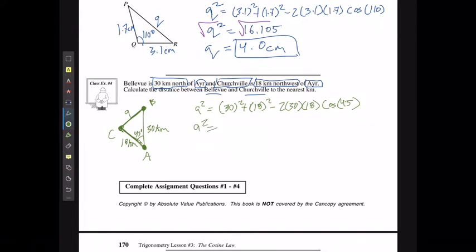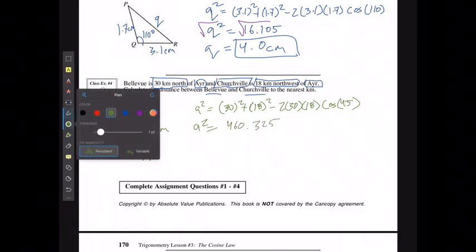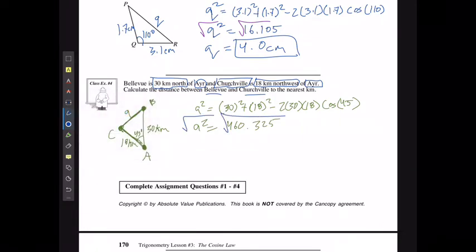A squared is going to equal 460.325, and then I'm going to square root both sides, and A is going to equal approximately 21 kilometers.